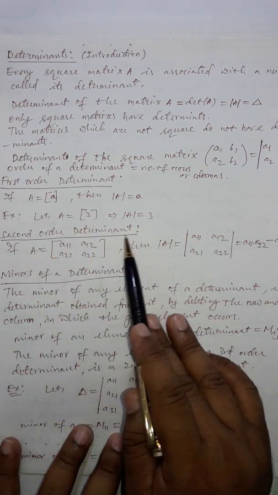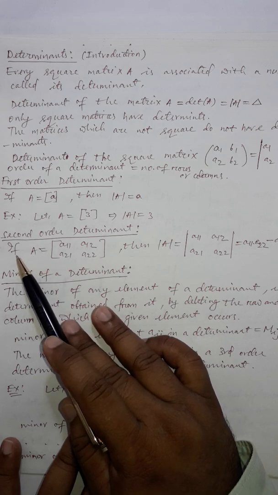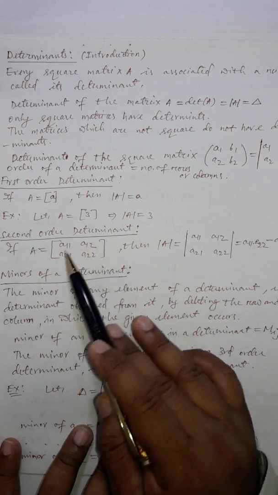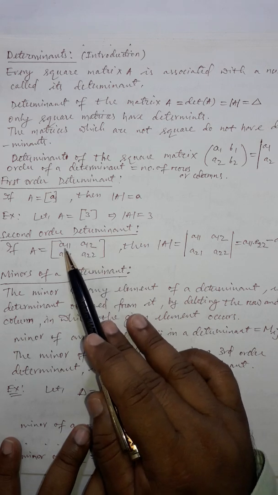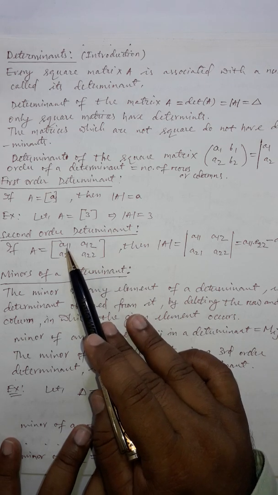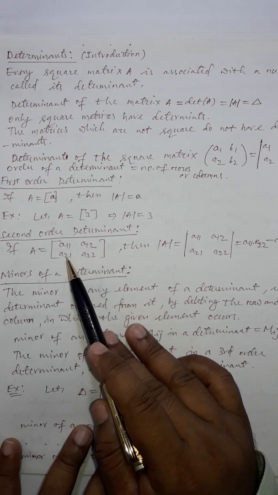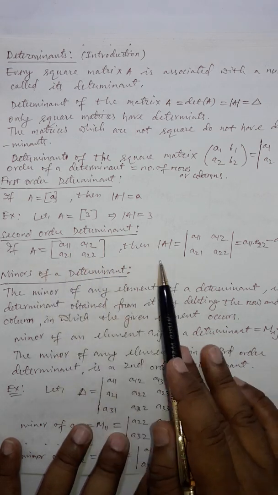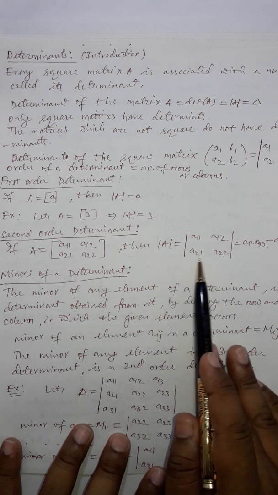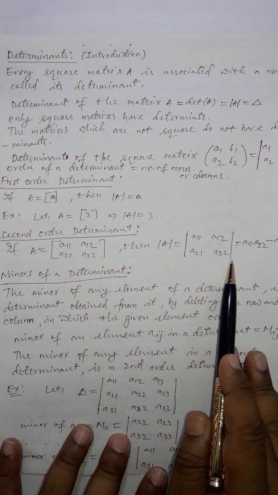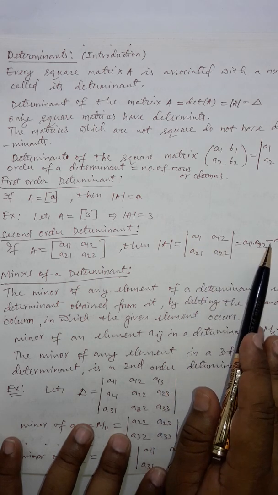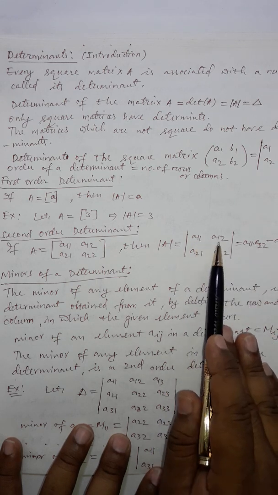Now, come to the second order determinant. Say A is a matrix of second order, that means a 2 by 2 matrix, and the elements it contains are a11, a12, a21, a22 row-wise. Then the determinant of this matrix A is written with vertical brackets and equals the subtraction of the products of the diagonal elements.